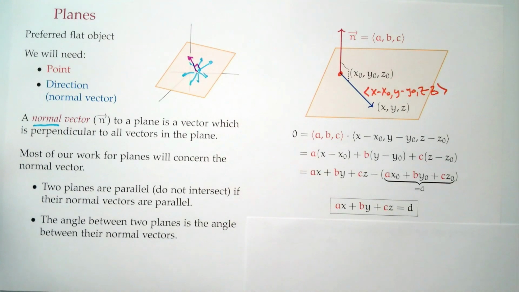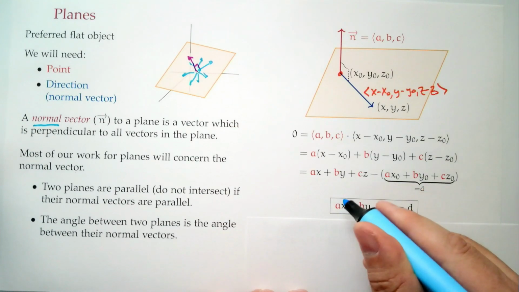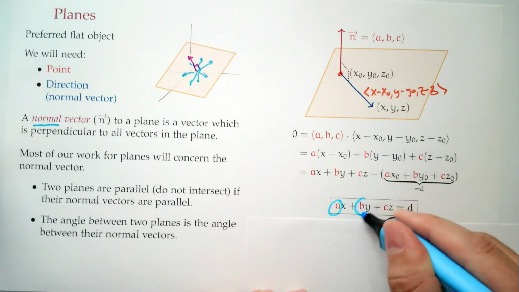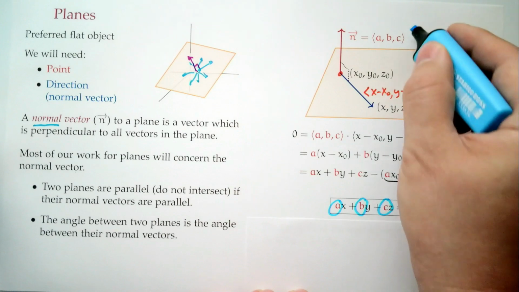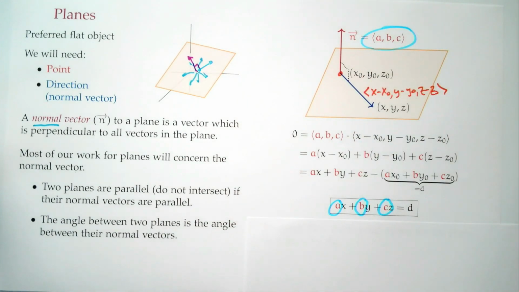It locates it. The other side, there's a really important thing to observe. Notice these coefficients here, a, b, and c. And notice your normal vector, a, b, and c. These are really close to each other. In fact, a lot of people would say they're the same thing.